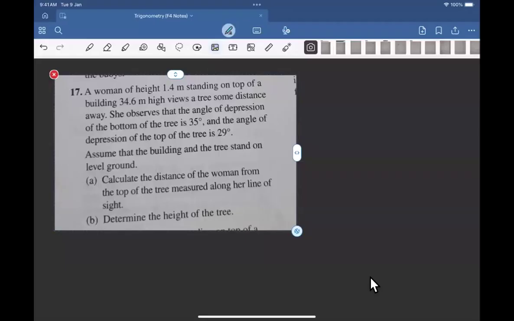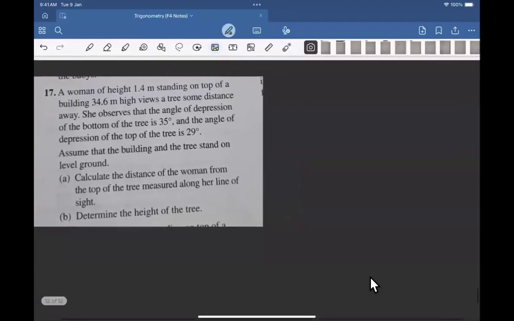So, Aliyah, I want you to read this question from me carefully. A woman of height 1.4 meters standing on top of a building 34.6 meters high views a tree some distance away.